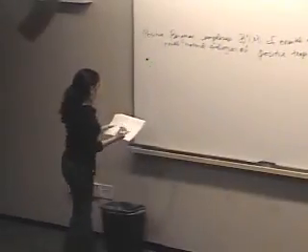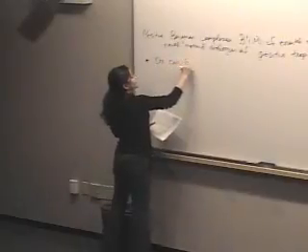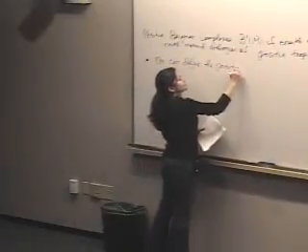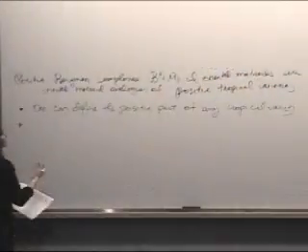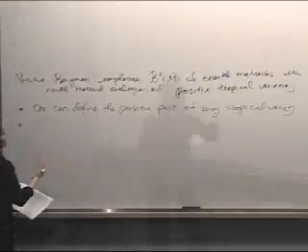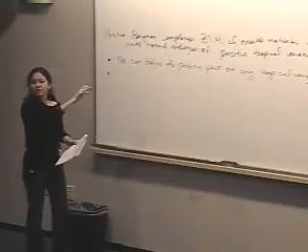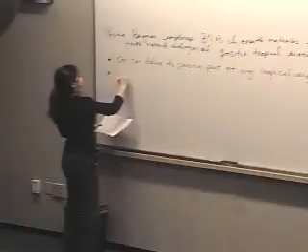So just to kind of say where this comes from, one can define the positive part of any tropical variety, and then again, when the ideal is linear, it depends only on the oriented matroid structure of that variety.